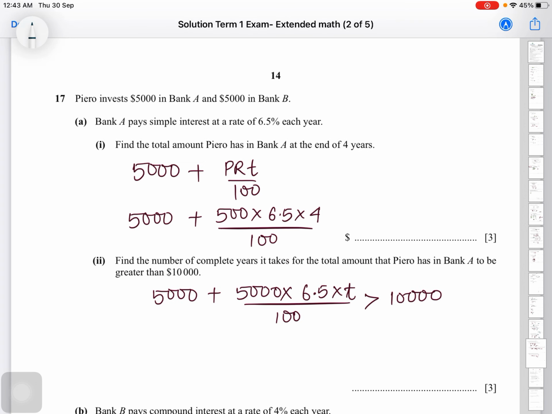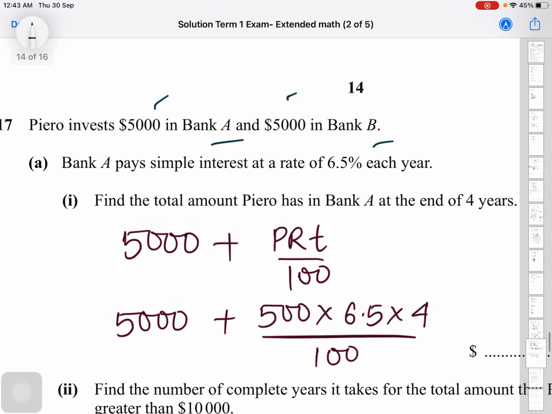Piero invests $5,000 in bank A and $5,000 in bank B. Same amount but different banks. Bank A pays simple interest at the rate of 6.5% each year. Find the total amount Piero has in bank A at the end of 4 years. So the total amount will be his original amount plus the interest that he has got.